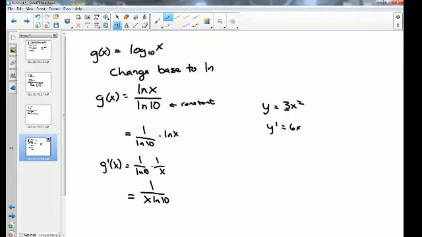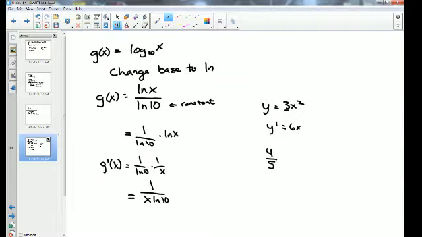Where'd that 1 come from? The one on top? Because I split them. So the x is just 1? I'm trying to think of a way to explain this to you.